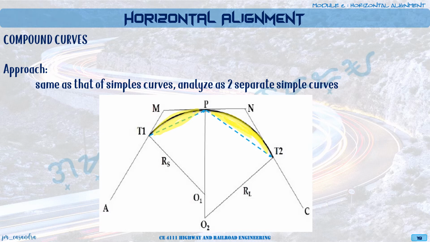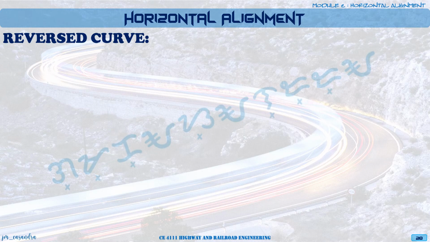The shaded portion will be the portion in which we have to clear our road so that when vehicles traveling from curve 1, once they arrive here, they will be able to see any obstructions. So there should be no obstruction here, same as for your simple curves, so that we will have a safe maneuver of vehicles. Okay.